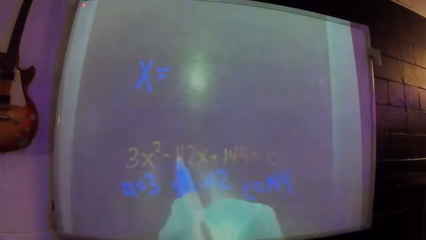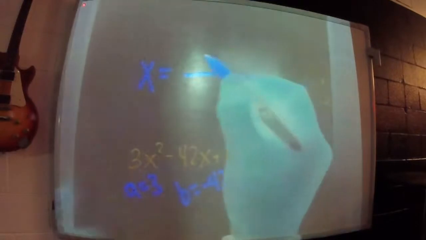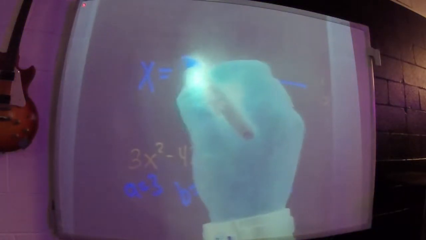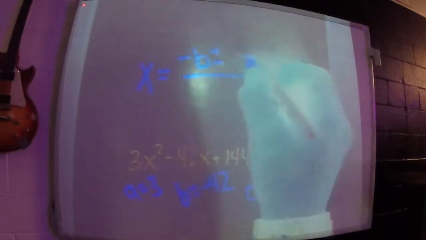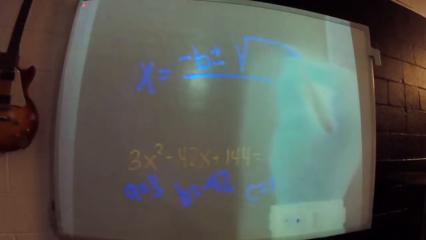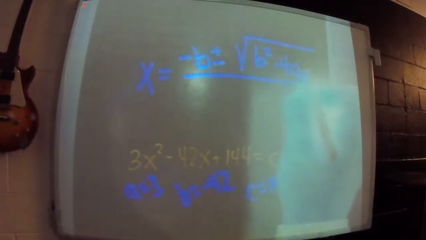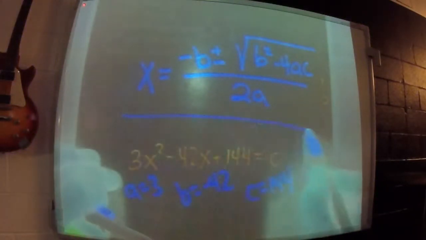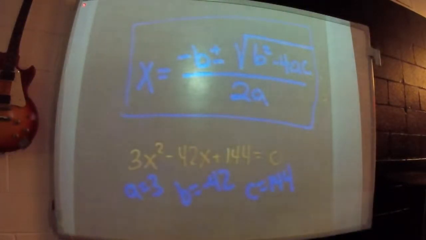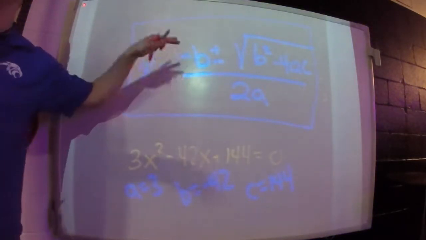To solve any quadratic, you just say x equals -b plus or minus, so that's how we get two answers, the square root of b squared minus 4ac, all over 2a.